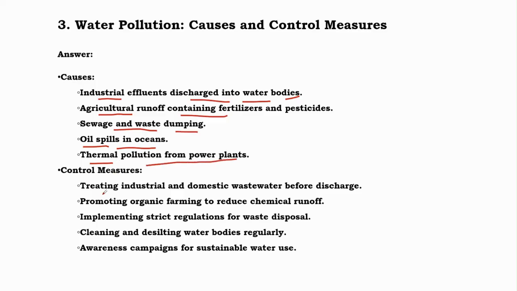Then how to control them: treating industrial and domestic wastewater before discharge, promoting organic farming to reduce chemical runoff, implementing strict regulations for waste disposal, cleaning and desilting water bodies, and awareness campaigns for the sustainable use of water.